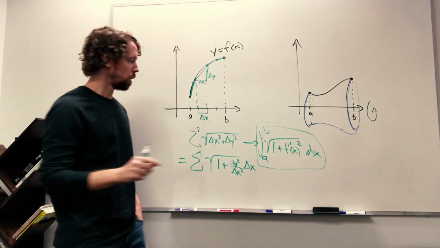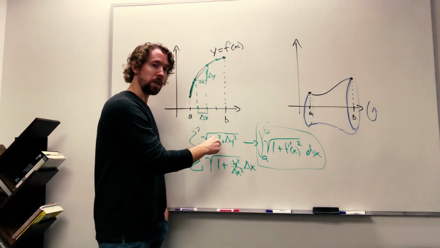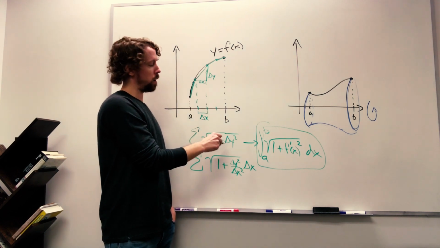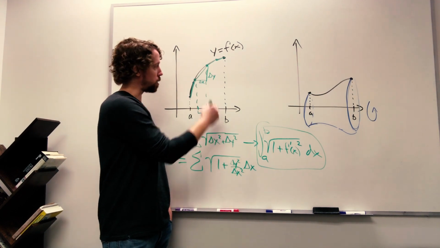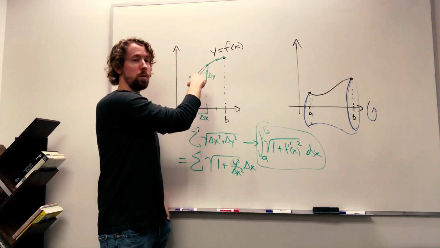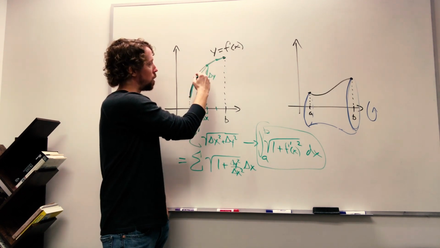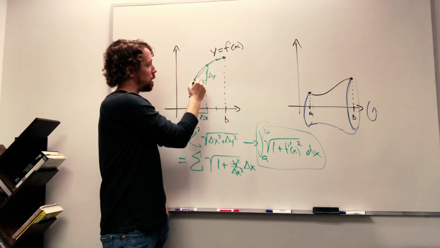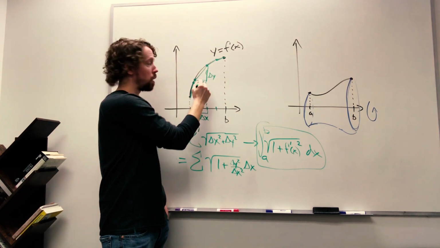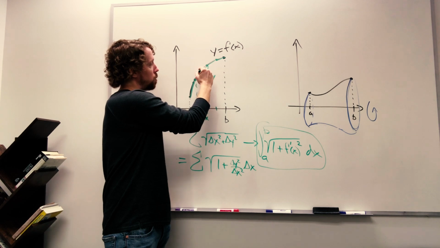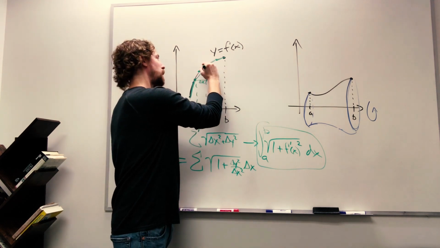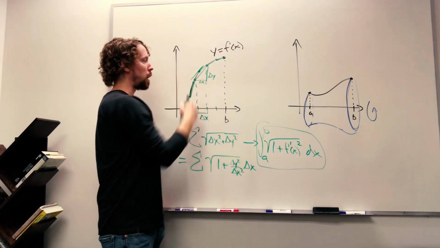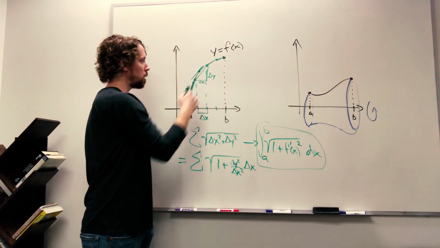As a quick side note, instead of doing this algebra, you could also use the mean value theorem, if you're familiar with that, to say that this change in y is going to be equal to the slope of this line times the delta x, and the slope of this line is equal to the slope of the tangent line for some special value of x between a and b, or between here and here.